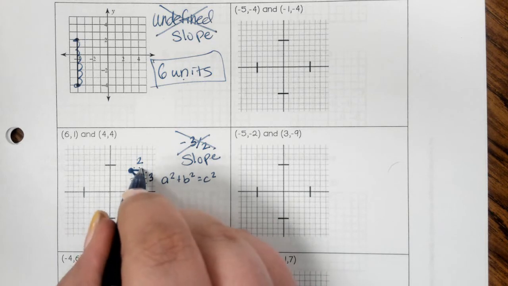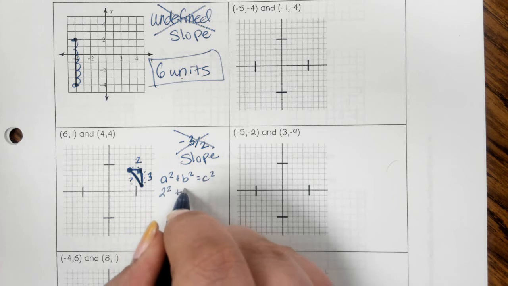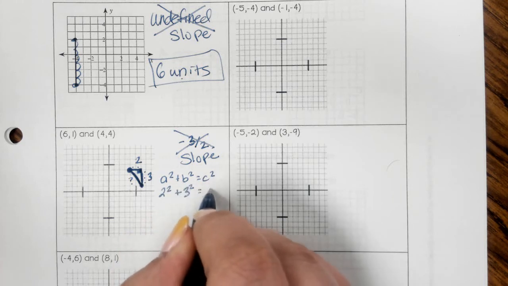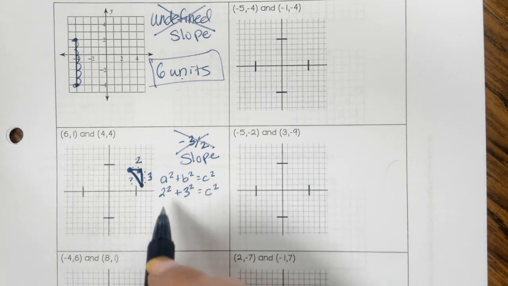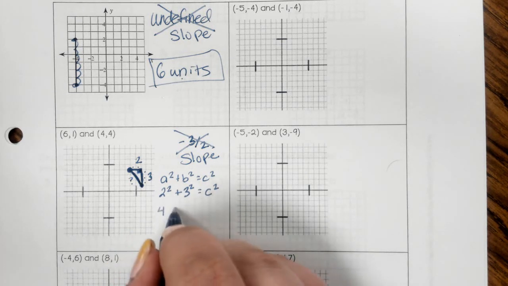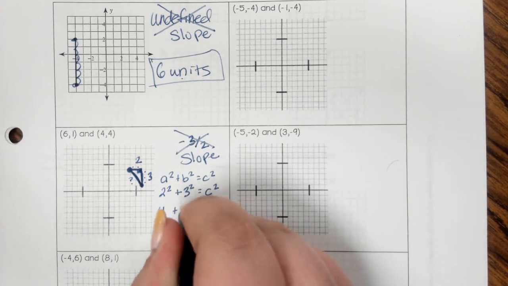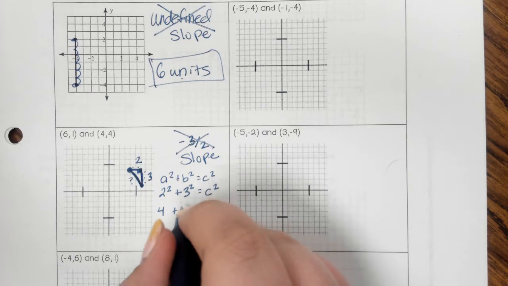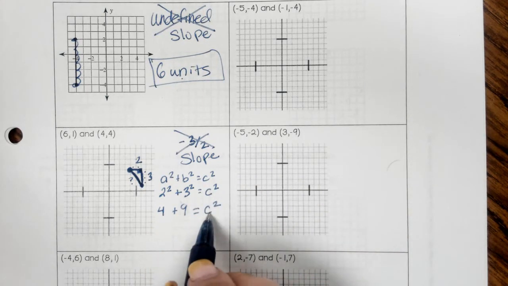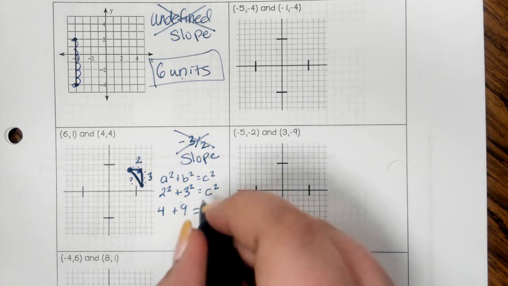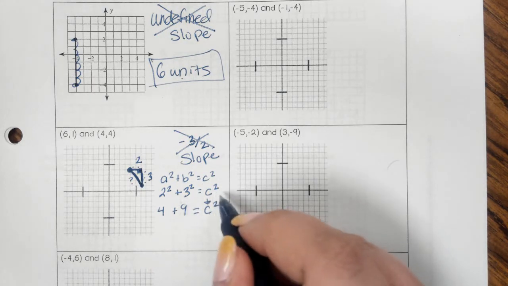The legs are 2 and 3, so I can say a squared is 2 squared, b squared is 3 squared, c squared, I don't know that one, so I'm going to leave that as a variable. 2 squared is 4, plus 3 squared is 9, so I should write 9 instead of 3. 3 squared is 9, and then I don't know what c squared is. It was really tempting for me to write 13 here, but I didn't do that. I already had something on the right, so I just dropped down whatever I had on the right.